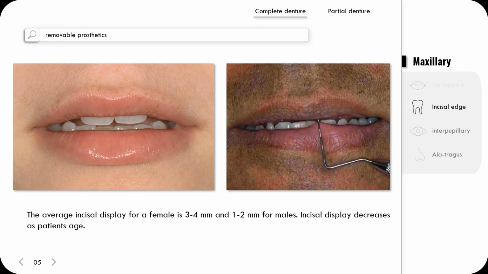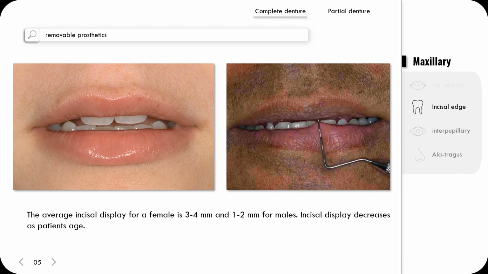incisal edge position. So if we ask the patient to just relax and just have their lips at rest, we get an incisal display at rest measurement. So for younger females, it's typical that they'll have 3 to 4 millimeters of incisal display, and then 1 or 2 for males.